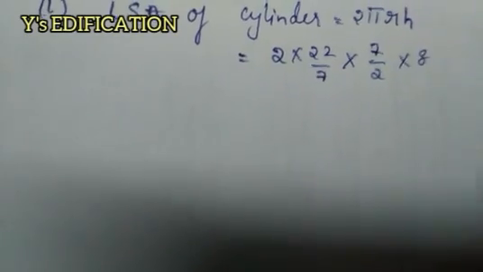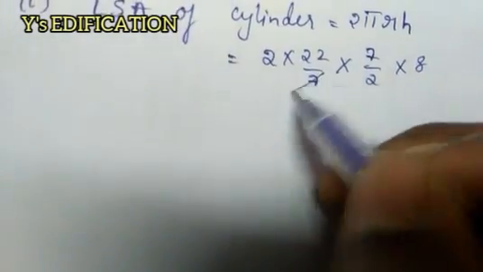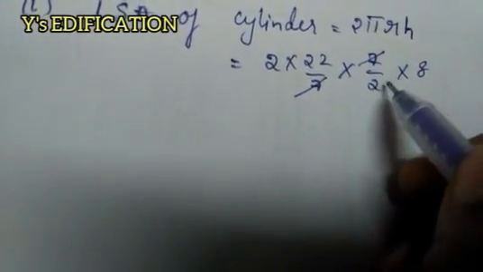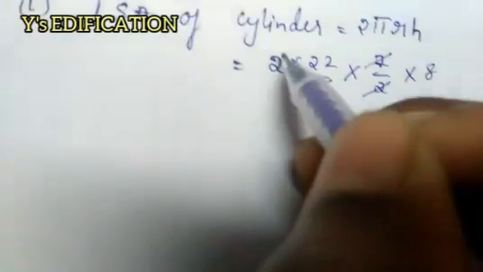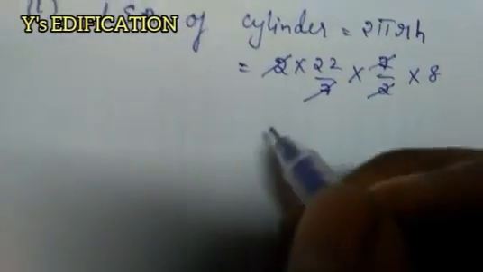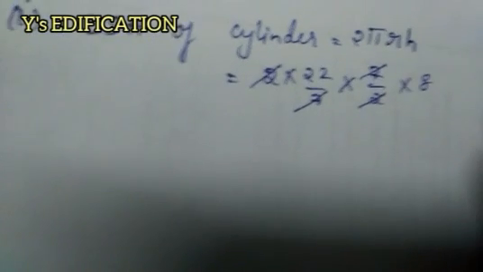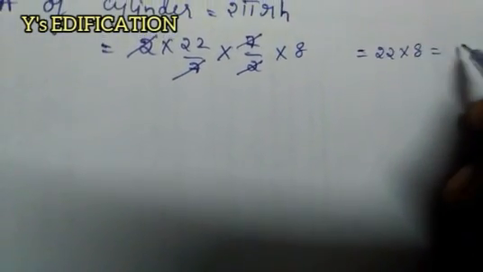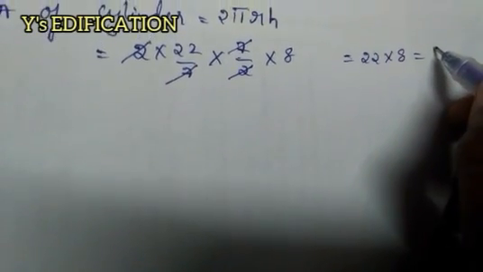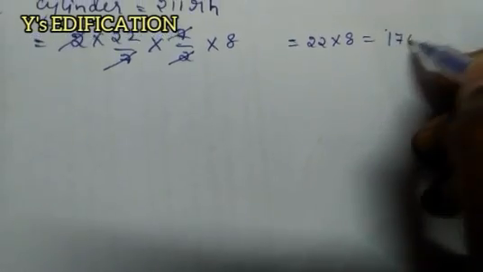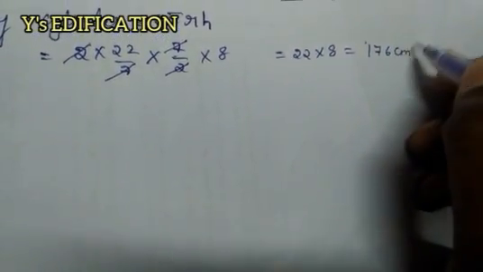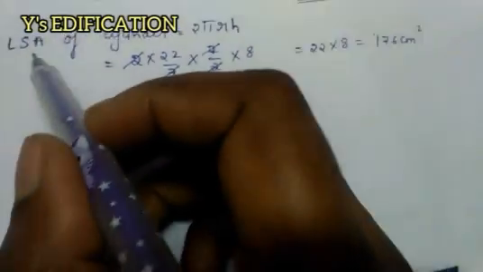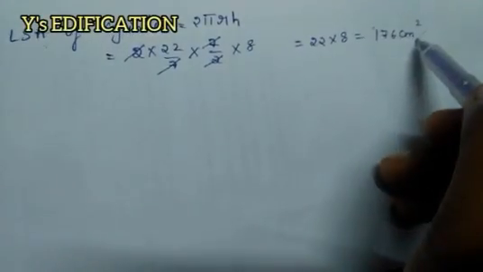And what is the h value? The h value is 8. Now 7 got cancelled. Next 2 got cancelled. So what is the remaining left here? 22 into 8. 22 into 8 is 176 centimeter square. Why? Because lateral surface area is in centimeter square.